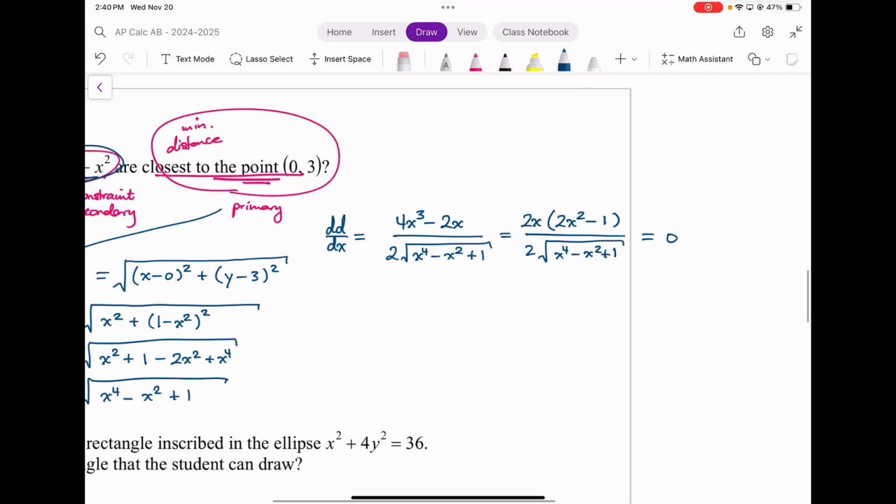And that seems to be the case for a few places. So what are my critical points here? Well, it's either when this equals 0 or when this equals 0. So the places are x equals 0, and it looks like plus or minus the square root of 1/2. Again, if you don't get that, just set this equal to 0 and solve for x.